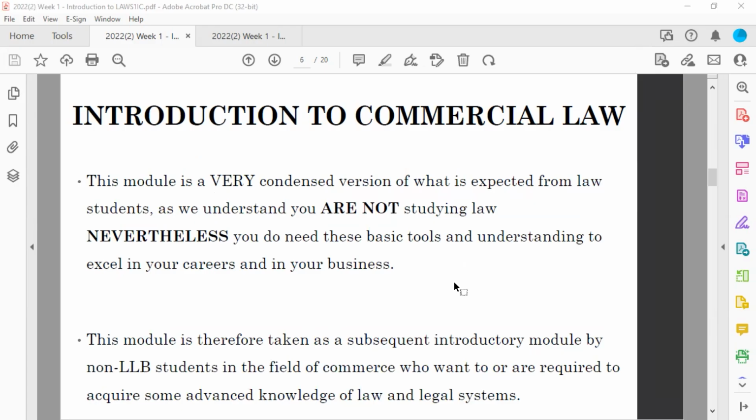This is a very condensed form of the law of contracts and other aspects, right?